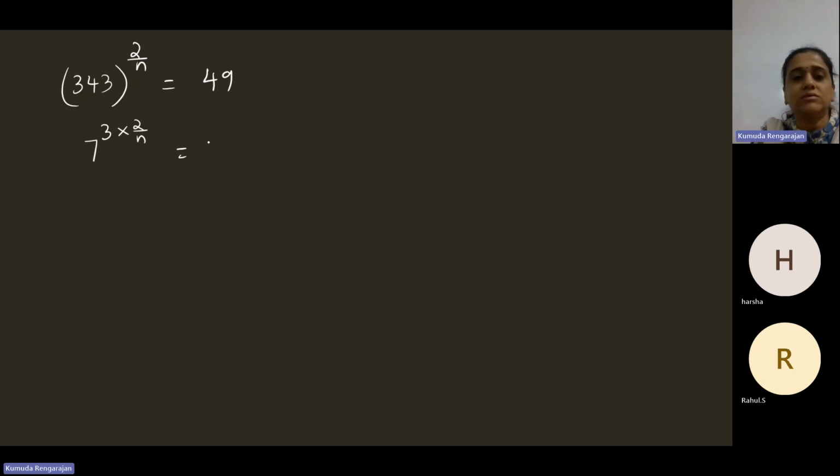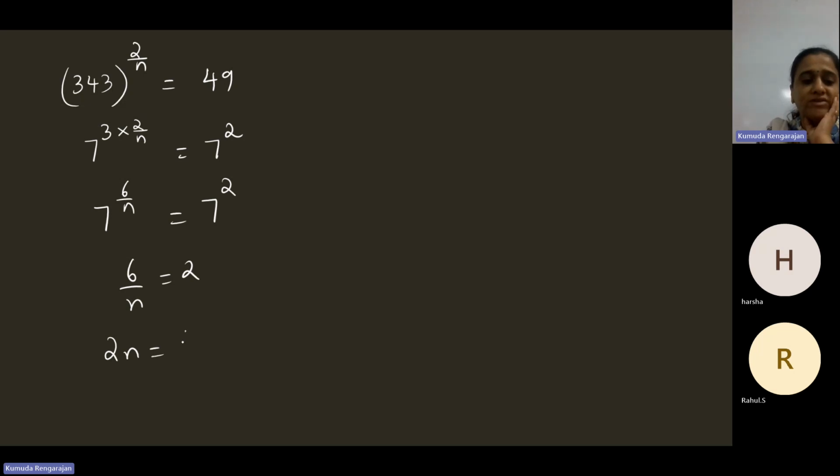Is equal to, what is 49? 7 squared. So 7 to the power 6 by n is equal to 7 squared. Now bases are same, so equate the powers. 6 by n is equal to 2. Cross multiply. 2n is equal to 6. n is equal to 3.